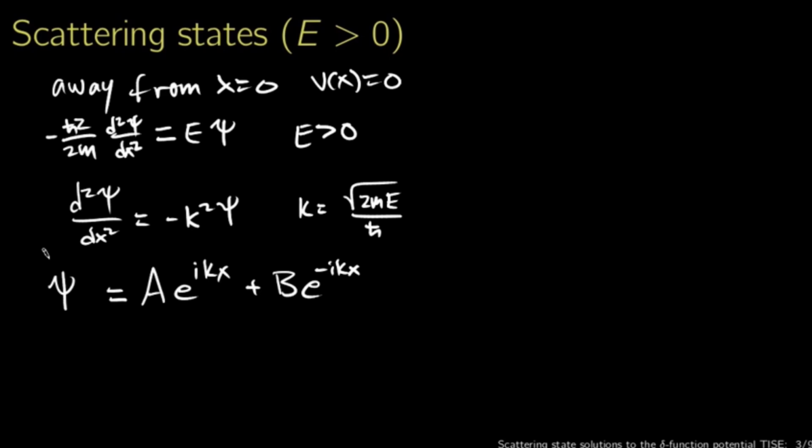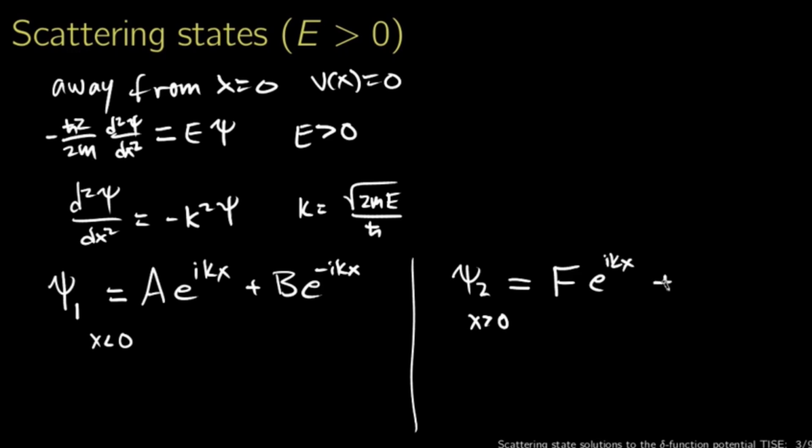Since we're talking only about regions away from the delta function, we really have two general solutions here. We have psi1 for x less than 0, and we have psi2 for x greater than 0. Psi2, to the right of the delta function, is going to look very similar, and it's going to be F e to the ikx plus G e to the minus ikx.